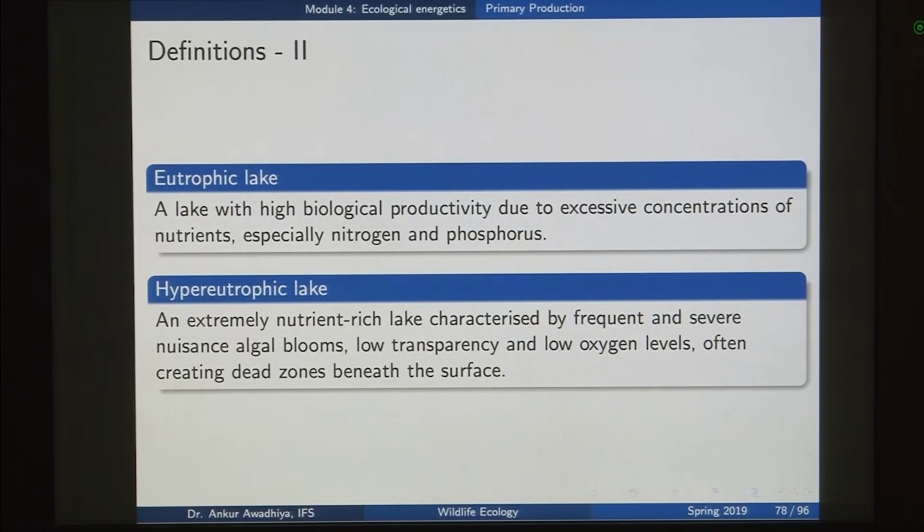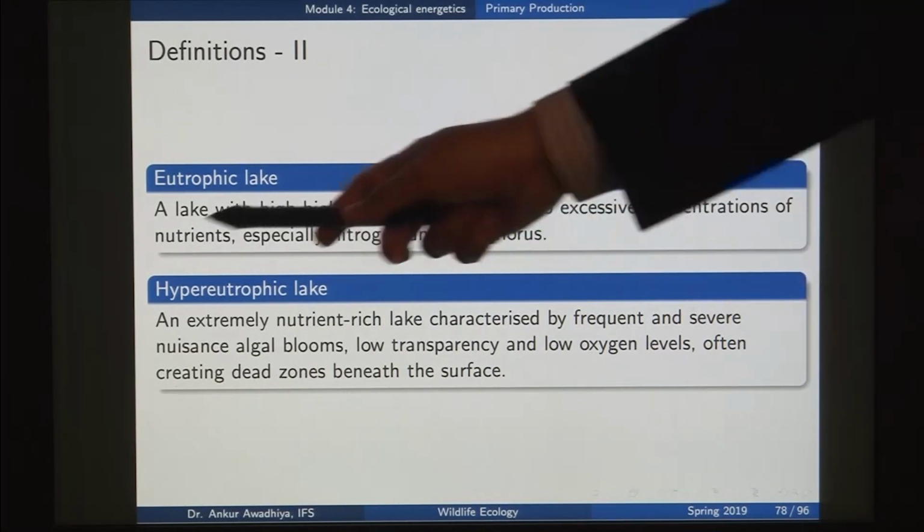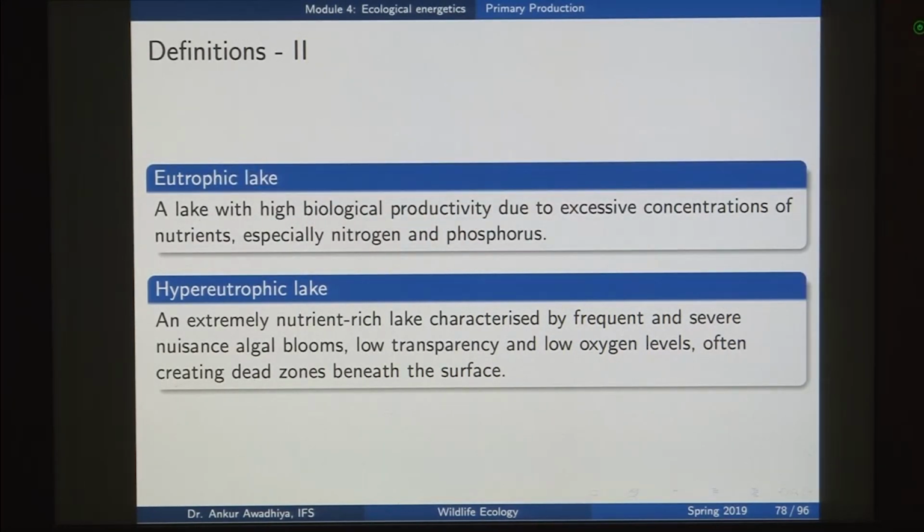Now, why do we have more nutrients there? This is possible if, for instance, the lake is getting waters that are coming from runoff from agricultural fields. In the agricultural fields you have put a very heavy dose of fertilizers, and when there is rain, these fertilizers are getting washed down and they are also reaching the lake. So, in that case you have a lake with a high concentration of nutrients, because of which there is a high productivity. So, we will call it an oligotrophic lake, we will call it a eutrophic lake.